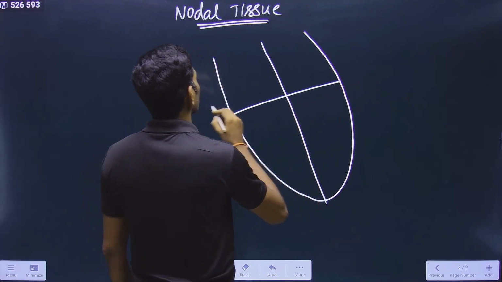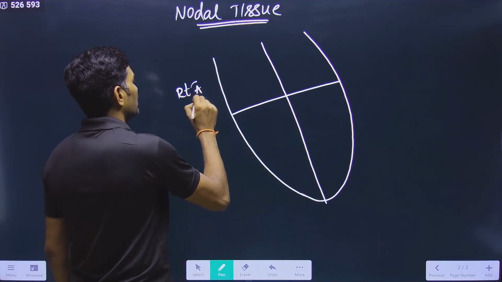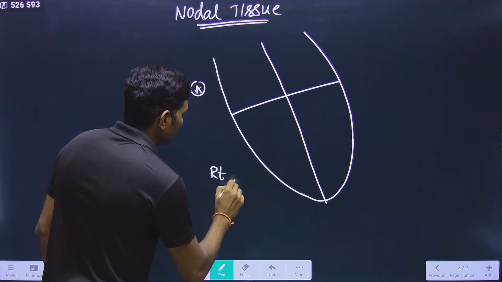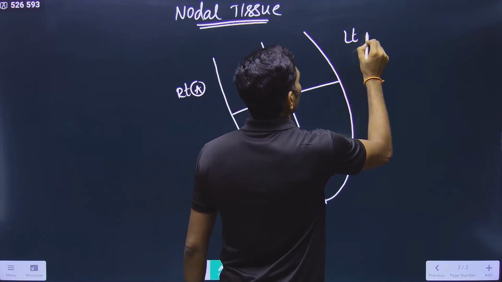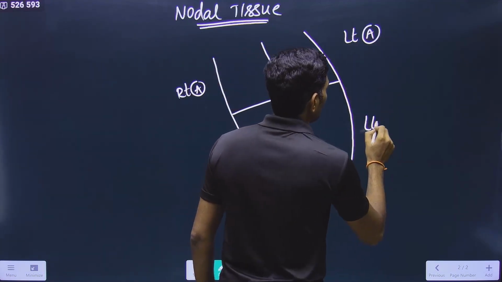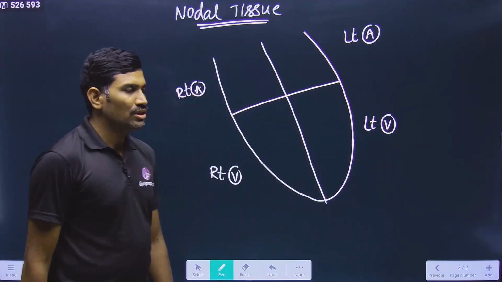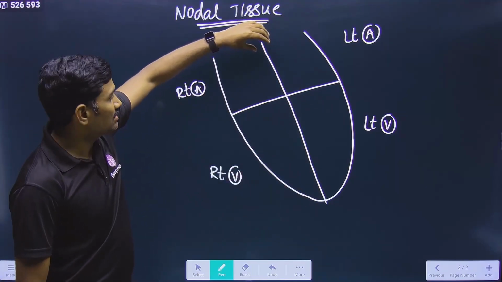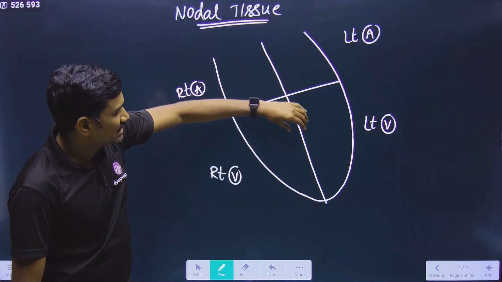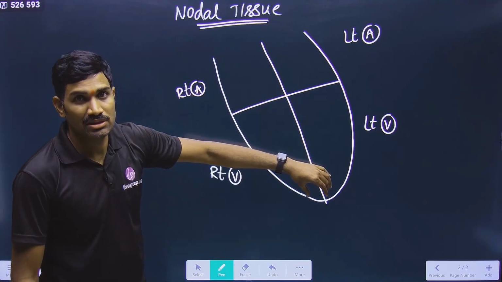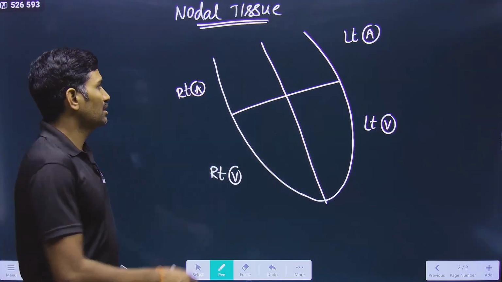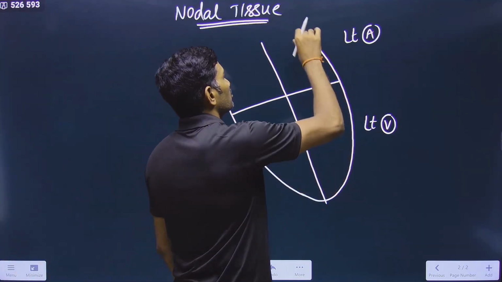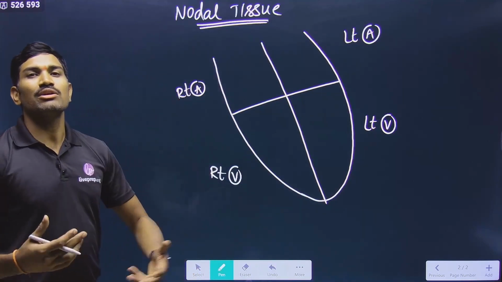So suppose this is the right atrium, this is the right ventricle, left atrium, left ventricle. So in this way, the wall is present everywhere, and even the interatrial septum and interventricular septum are also made up of muscles. Please remember this. Here also this wall is made up of muscles.